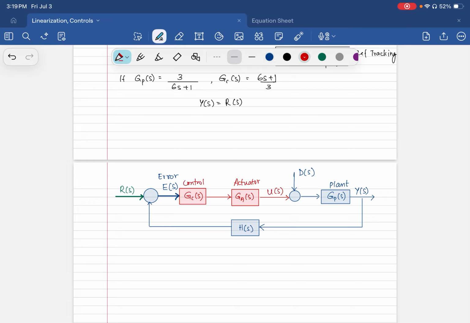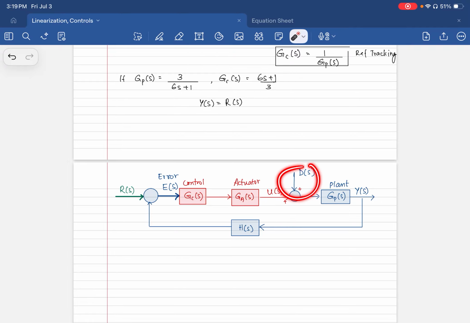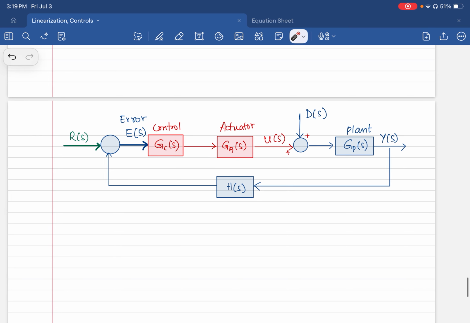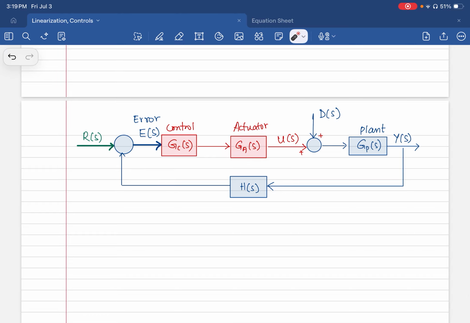There's a disturbance coming in, and these two are added together, and that is what's actually coming into your plant. If the disturbance wasn't there and you knew exactly what the plant was, then all you had to do was invert your plant transfer function to get your open loop control. But now we're looking at a system that can actually look into how much your output is actually varying from the reference, and that variation is measured here with this plus and minus sign.